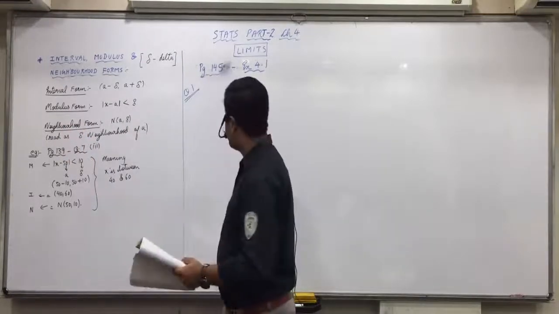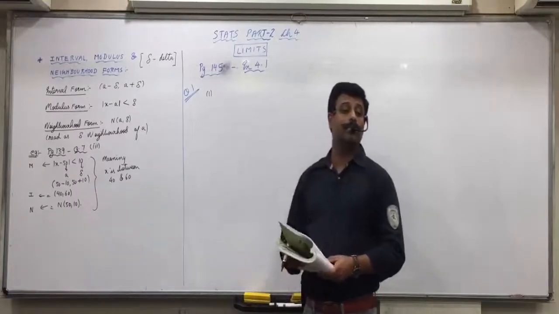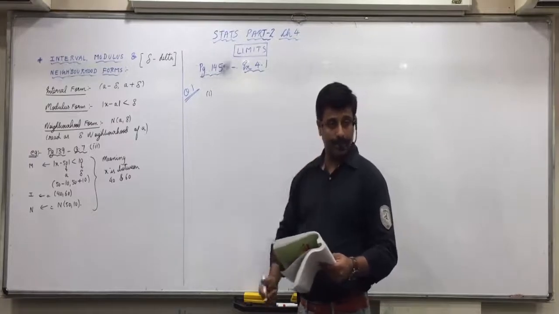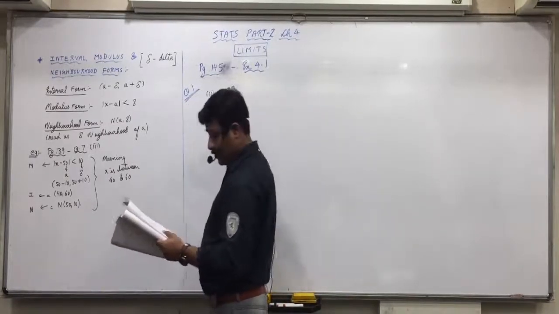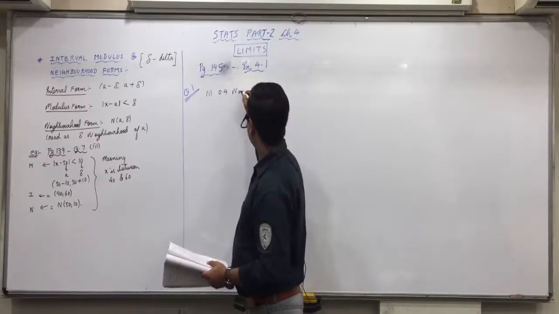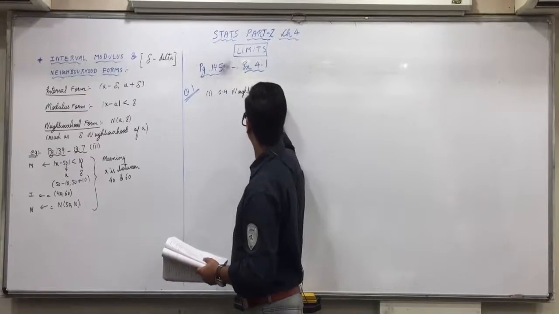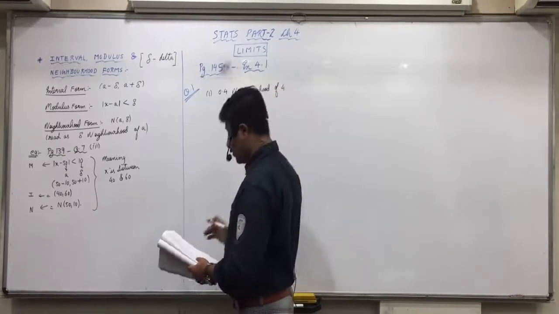The first one: 0.4 neighborhood of 4. You can solve it along with me.